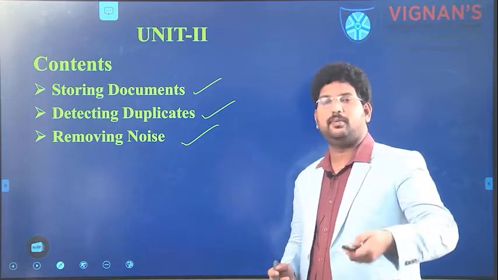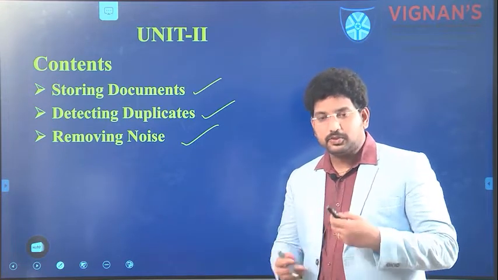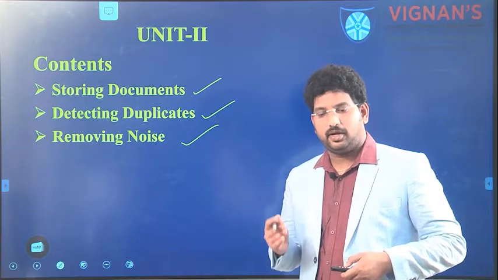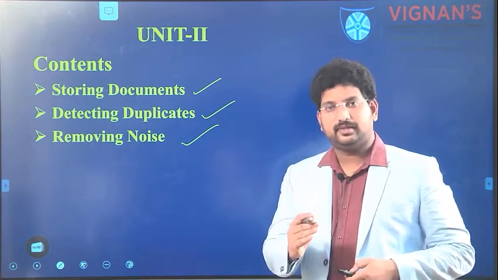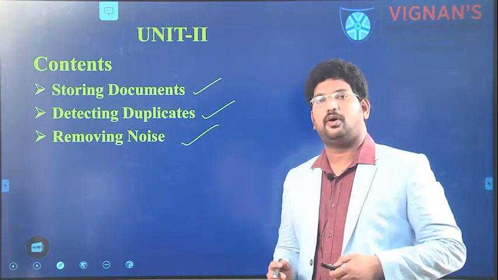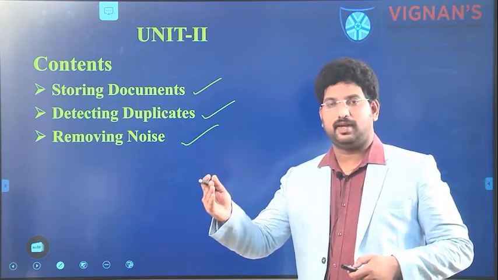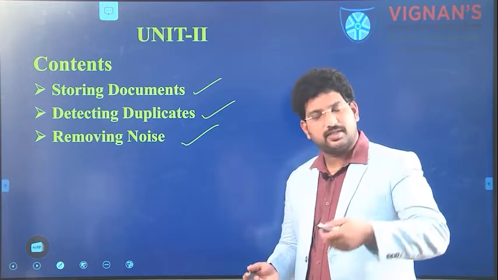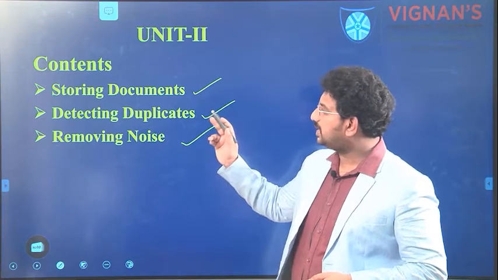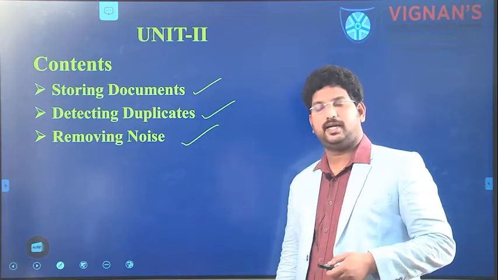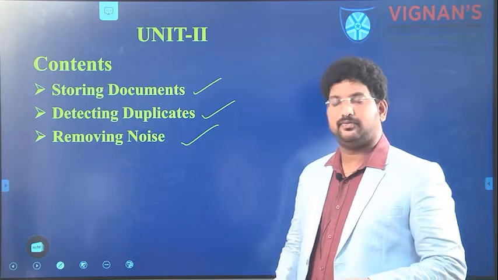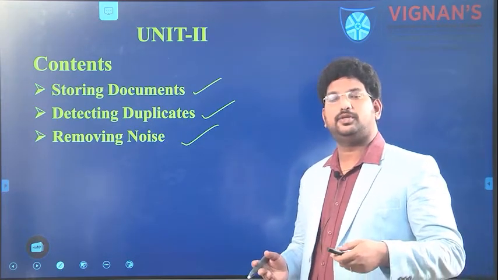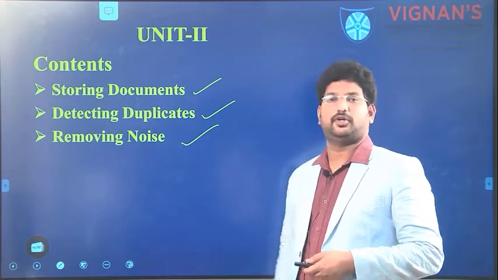Whenever you perform a search operation and retrieve information from the web, you have to think about how you are able to retrieve it. Only when a copy of the information or document is available on the web are you able to retrieve the particular information you are searching for. So what is the necessity of storing documents, how we are storing them, and we are going to know what the Google company uses for storing the documents.